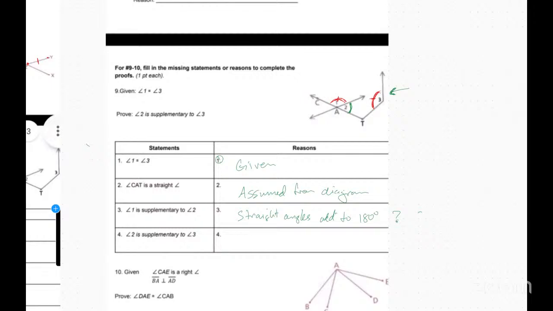Congruent angles are supplementary to the same angle, or something like that. Does that sound familiar? Yes, sir.